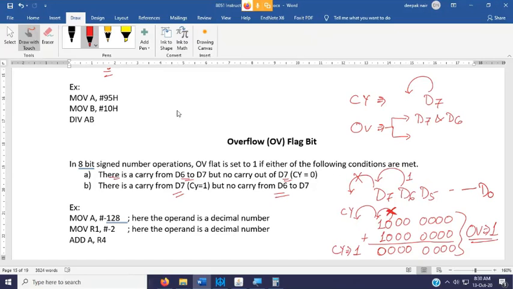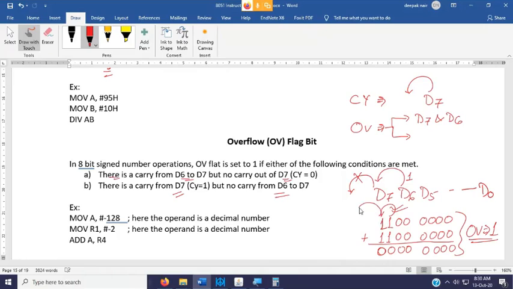Okay, what does that mean? Any addition which may look like this, for example 1 1 1 1, in this case there is a carry generated from d6 to d7.